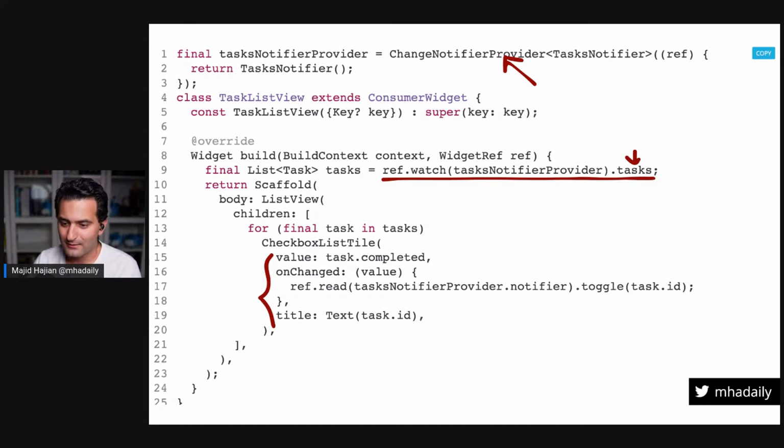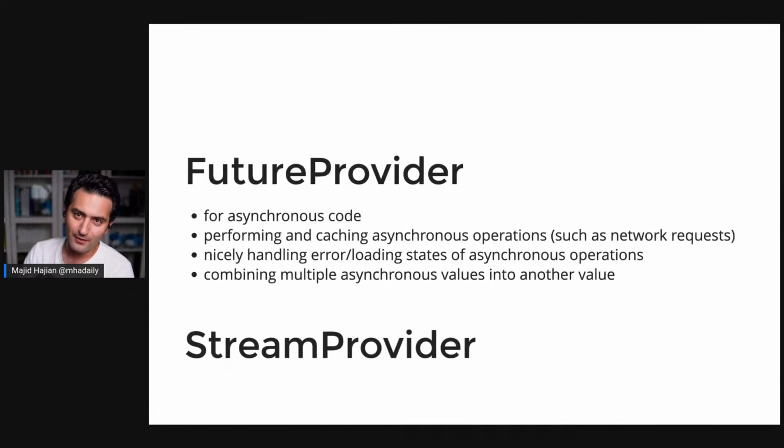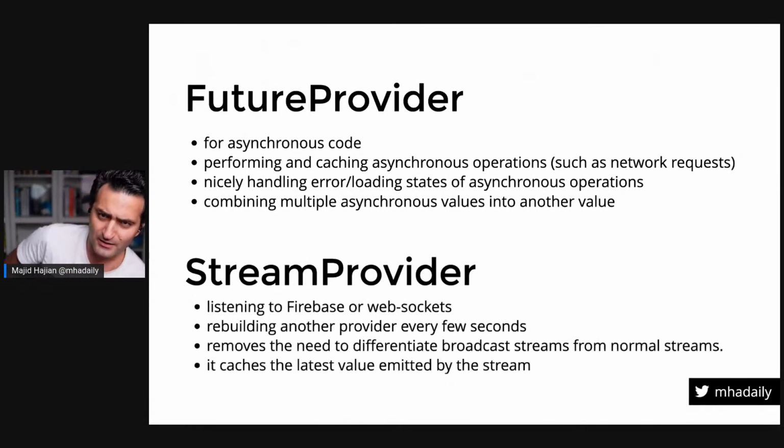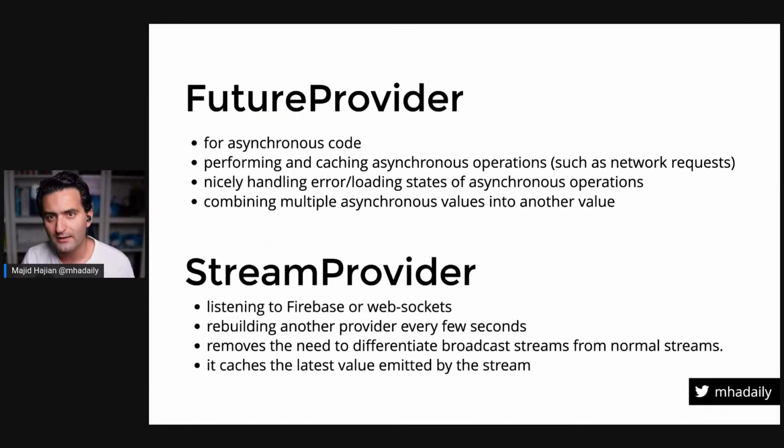All right. Two more providers, and these are very similar in terms of usability. The only difference is that one of them is going to be used in a stream situation where you have a lot of streams and you need to return an observable object.